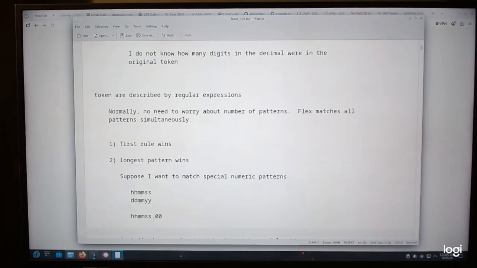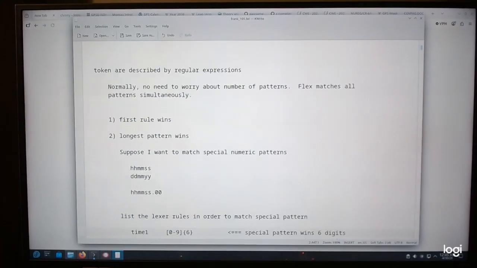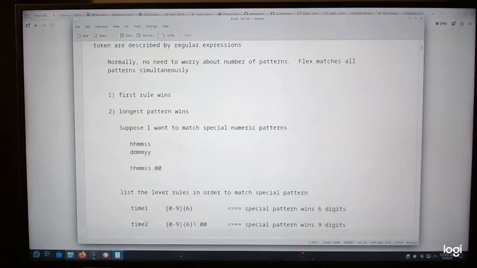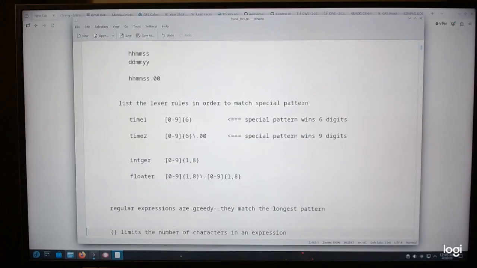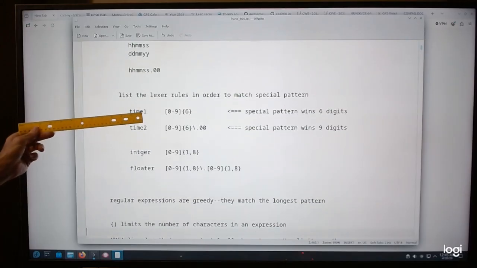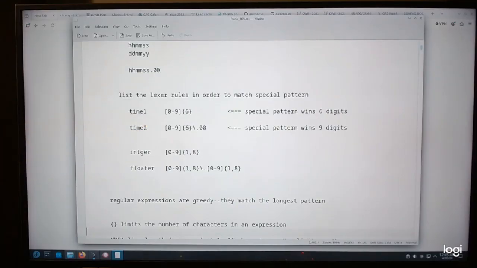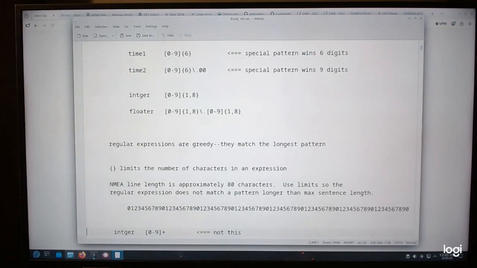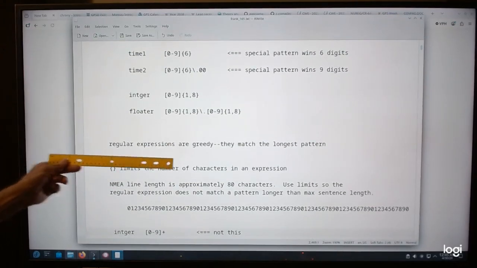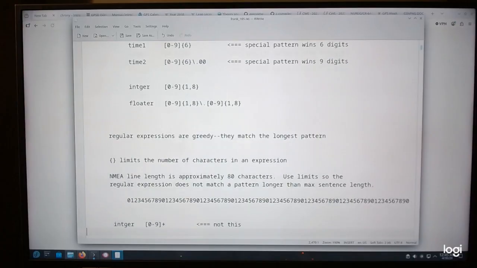I talked about the lexer. The first rule wins, the longest pattern wins. Whichever pattern I want to win first, I list it first. If there are two patterns that can match it, I list the one that I want to match first. Regular expressions are greedy. They match the first, then match the longest pattern.